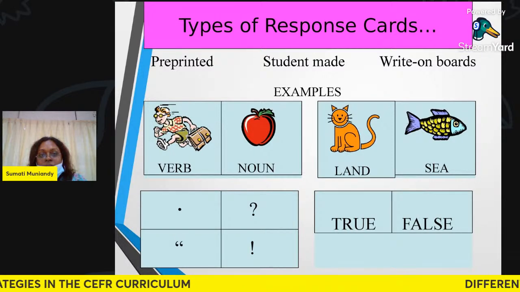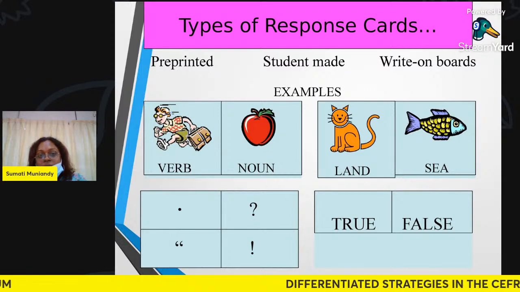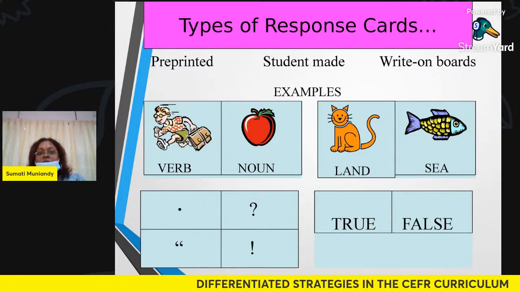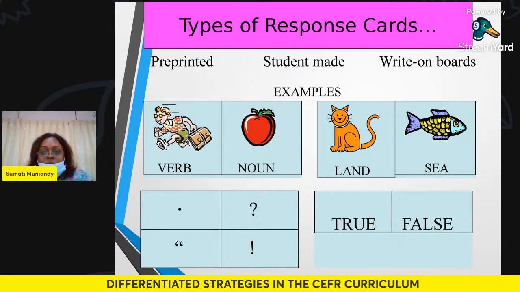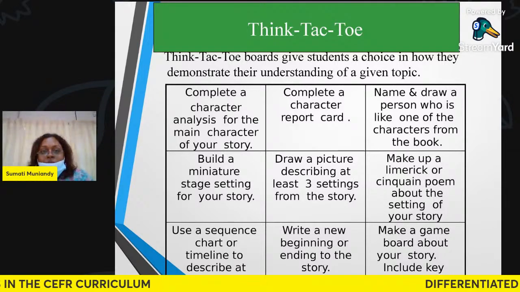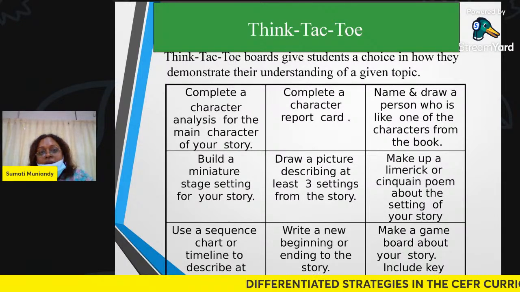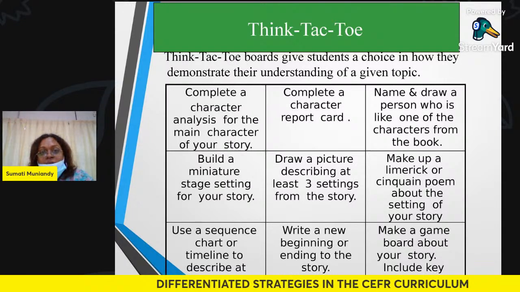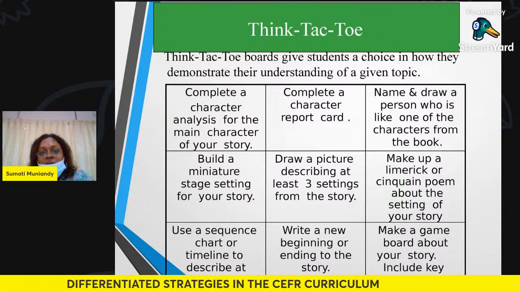Types of response card. Right. So these are the things, examples that you can use. Okay, think, tech, talk. This also gives students a choice in how they demonstrate their understanding, okay, of a given topic.